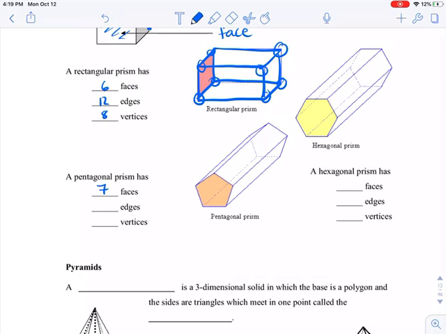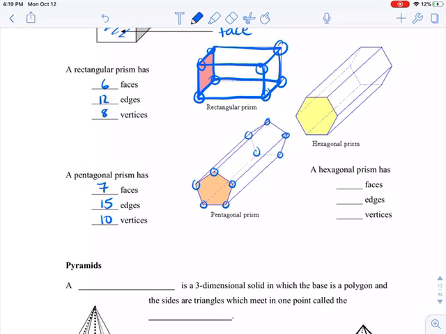Edges is going to be 15 edges. And how many vertices? 1, 2, 3, 4, 5, 6, 7, 8, 9, 10.